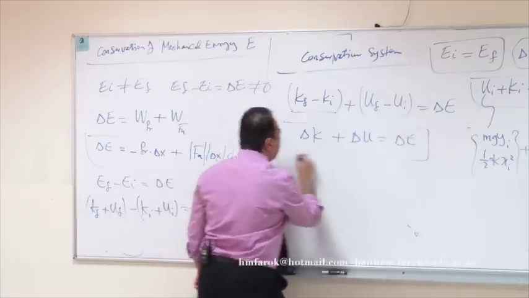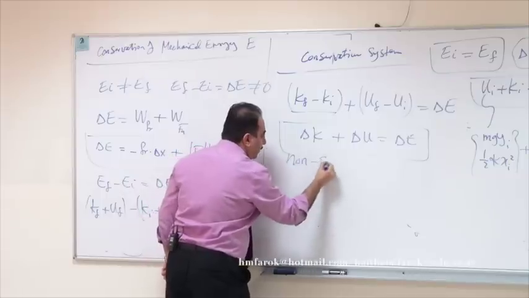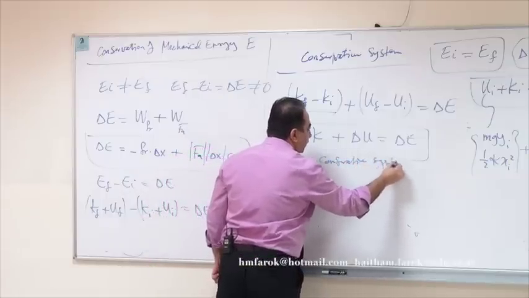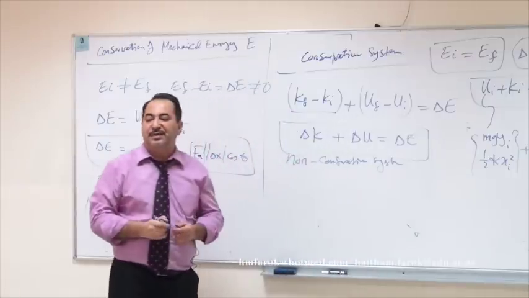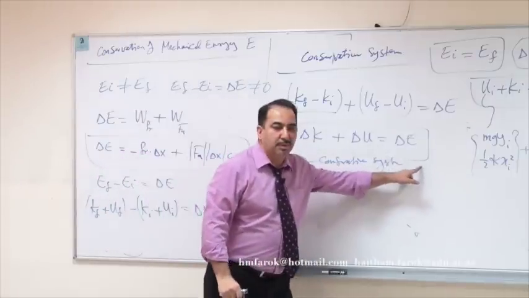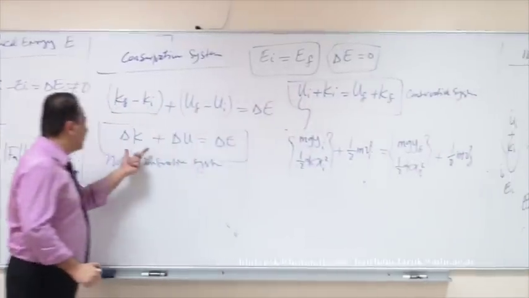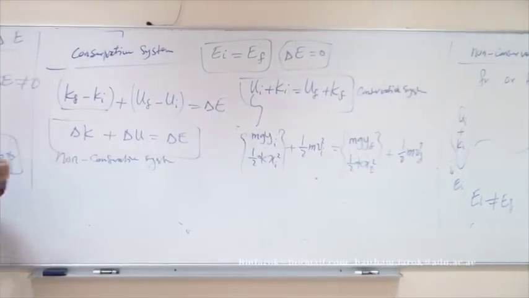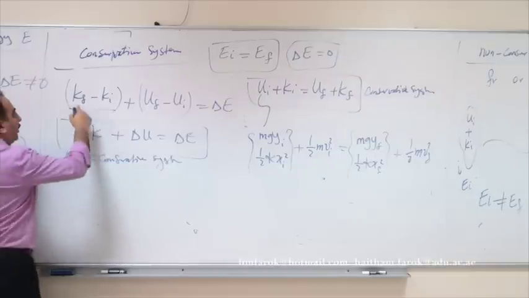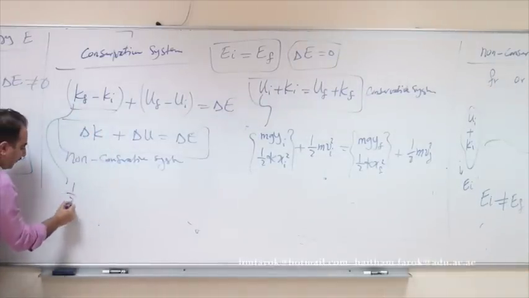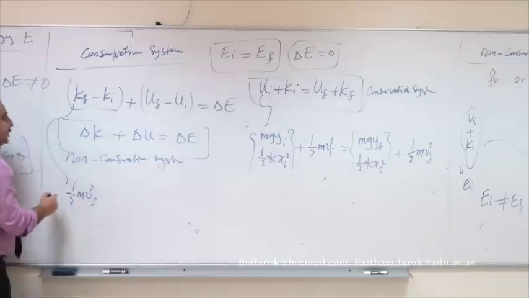what is this equation for? The non-conservative system. So if you have a non-conservative system, this is your equation. If you have a conservative system, this is your equation. How do you use this equation? Break it into pieces. What is K final? Half mv squared final, yes?